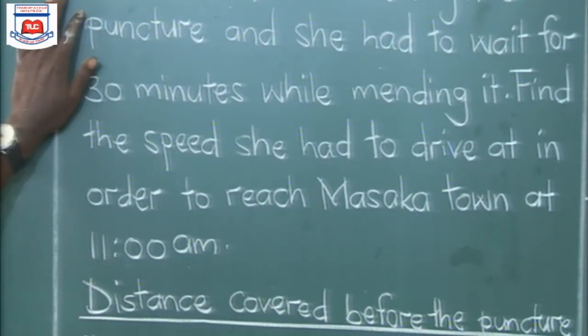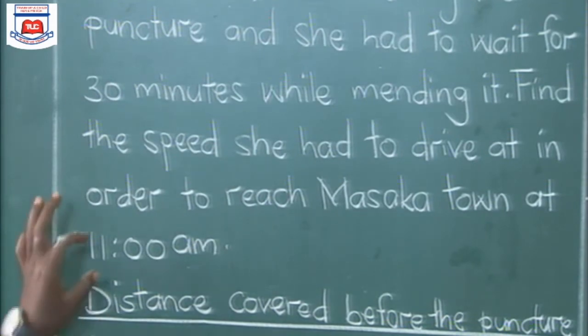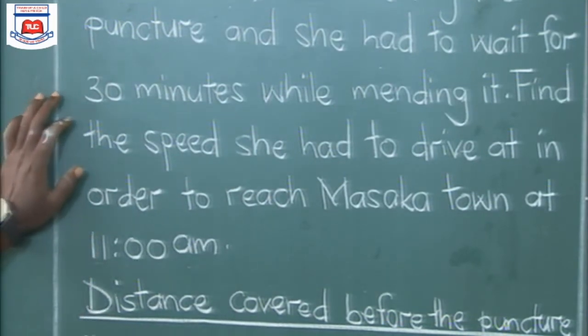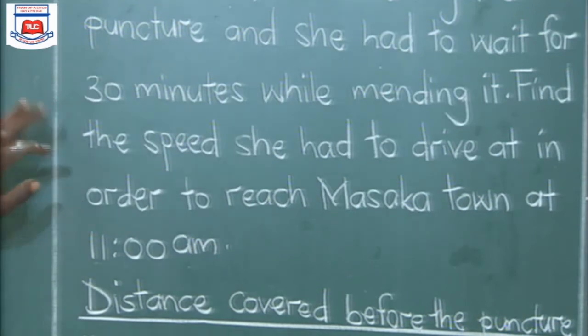But much as that is so, Rita had to reach Masaka town at 11 a.m. She is seeking your advice: which speed must she later drive at to meet that appointment? So, this is the way one handles a situation like this.